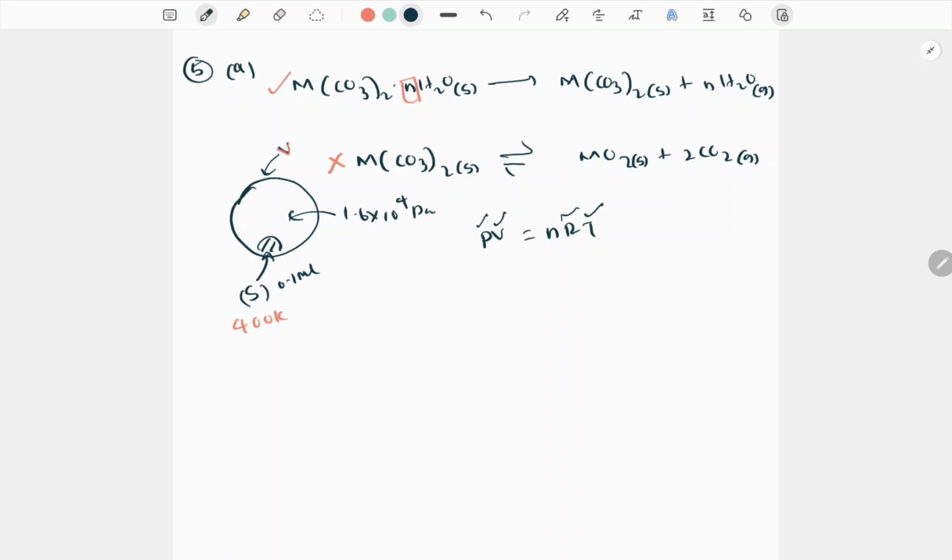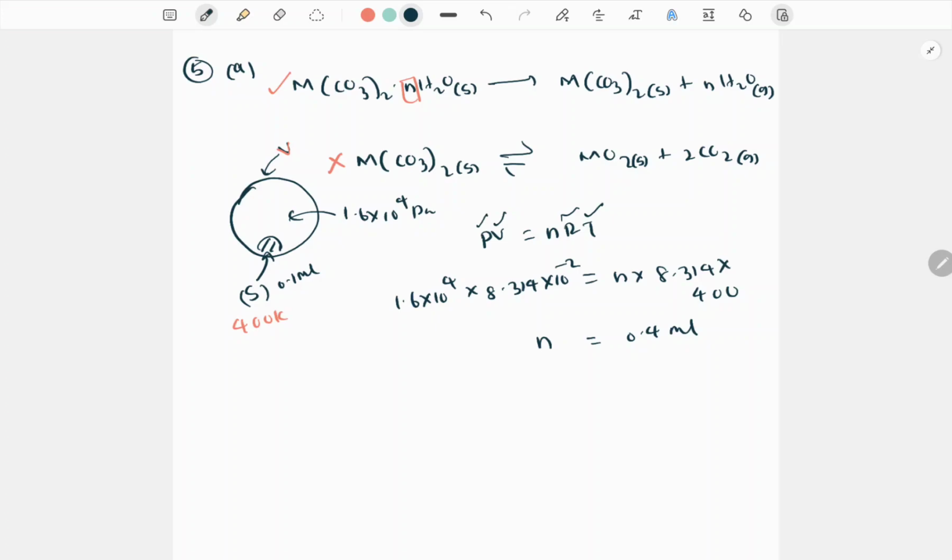Then I am substituting the values here. Total pressure in the system at 400 Kelvin is 1.6 into 10 to 4. Volume is given, 8.314 into 10 to minus 2. R is 8.314, temperature 400 Kelvin. From this one, n can be found as the total number of moles in the system, this value, 0.4 moles.